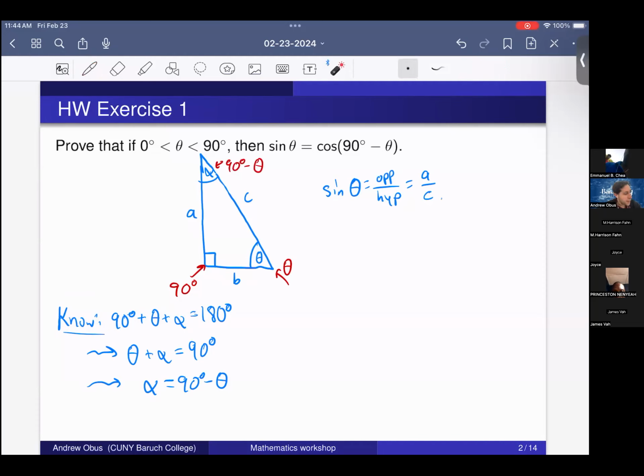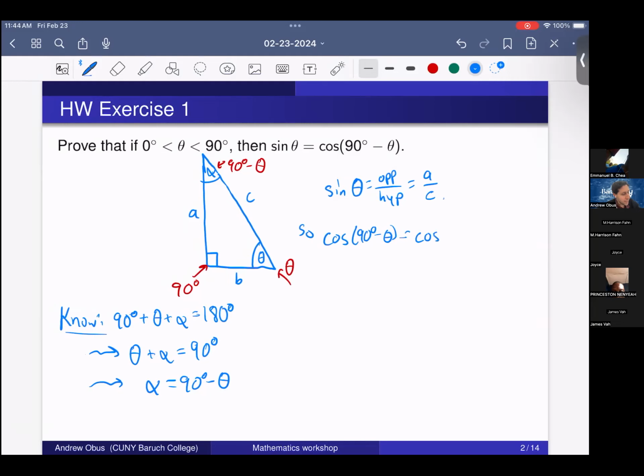Now that we have that, what is cosine of 90 degrees minus theta? Well, 90 degrees minus theta is alpha, so it's cosine of alpha. And what's cosine of alpha? It's the adjacent side over the hypotenuse. For alpha, the adjacent side is A, and the hypotenuse is C. So this also gives us A over C. And what we see is that these two things are equal.